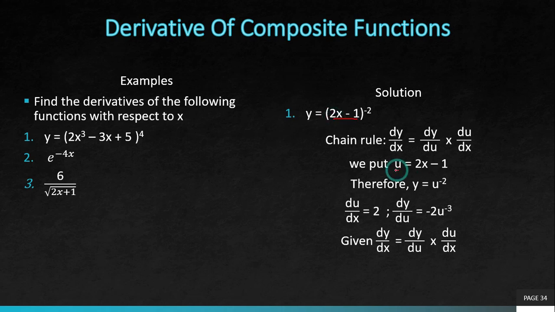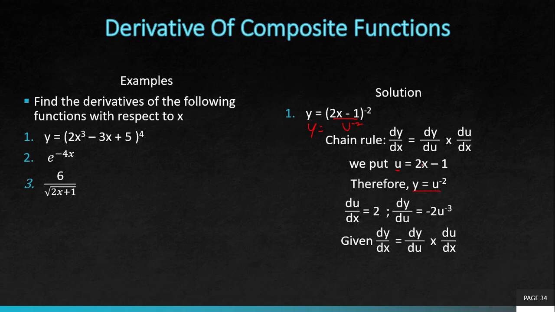We give this variable u the first function, which is 2x minus 1. Now if u is 2x minus 1, instead of writing 2x minus 1 to the power of minus 2, I can say u raised to the power of minus 2, right? So y equals u raised to the power of minus 2.